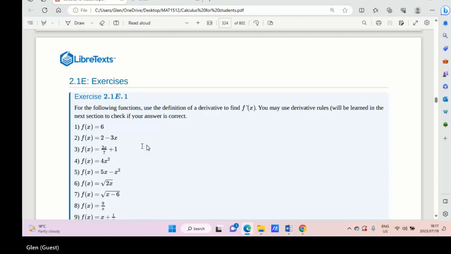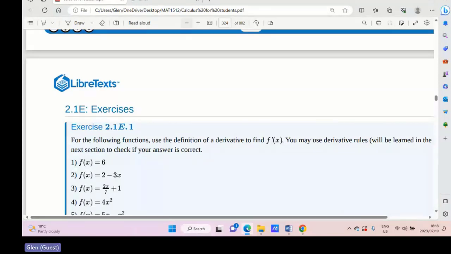Okay, so let's look at this exercise 2.1e.1. They are saying, for the following functions, use the definition of a derivative to find the derivative of f at x.